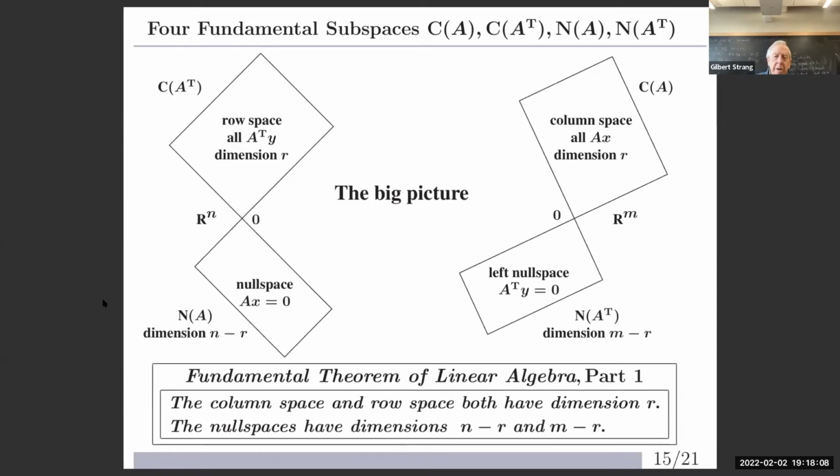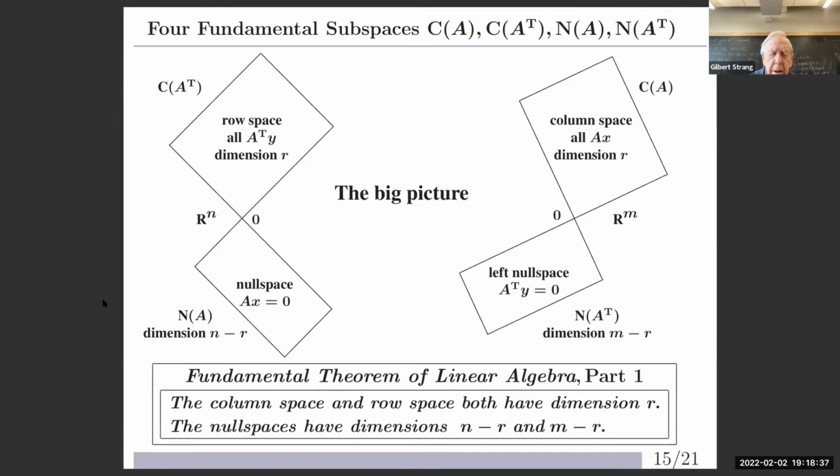Yes, here's the big picture. So for any matrix, let me take time on this one, because this is probably on the cover even of the Introduction to Linear Algebra book, the Four Subspaces.